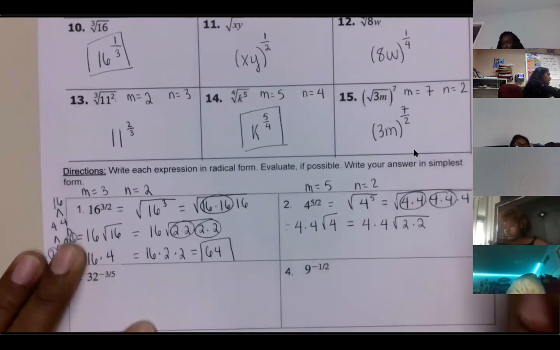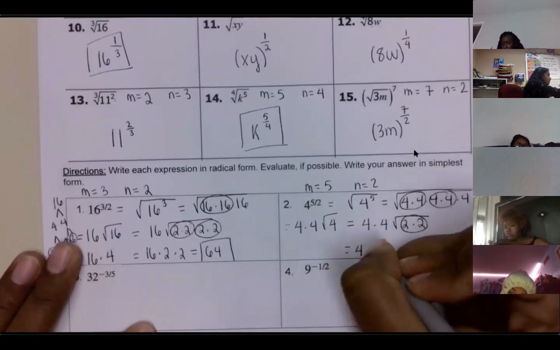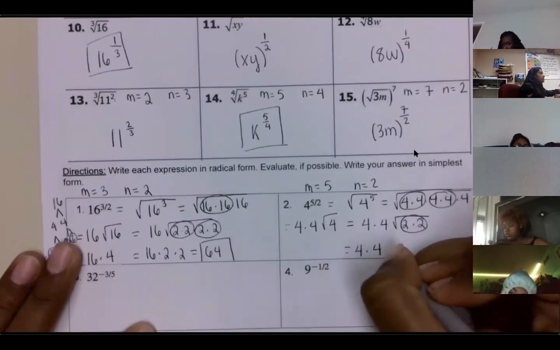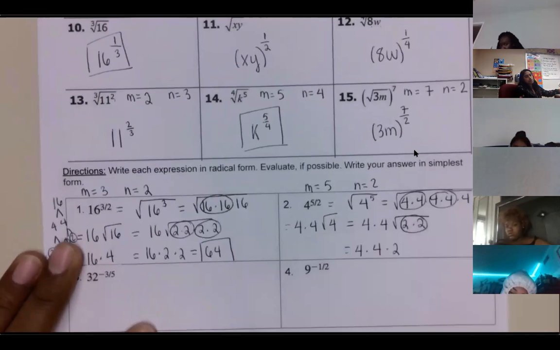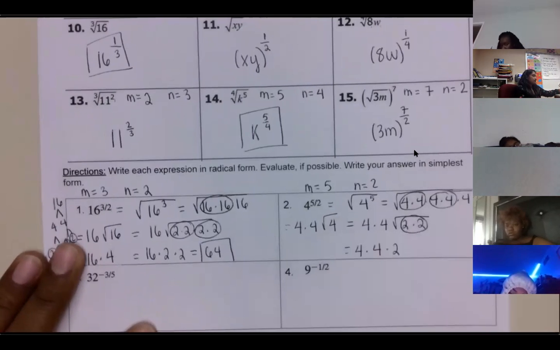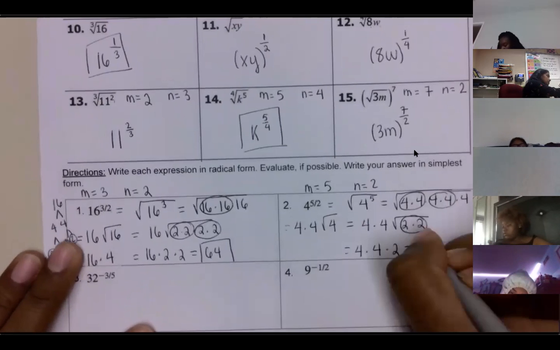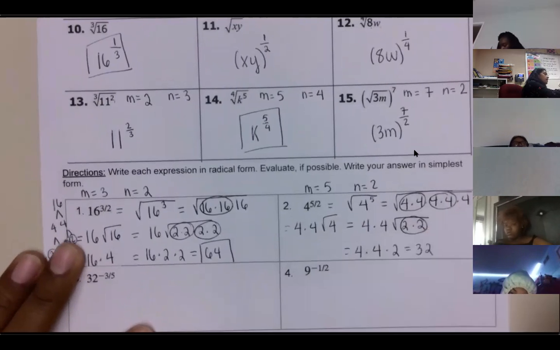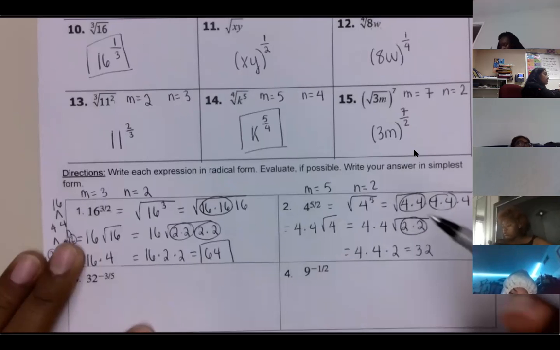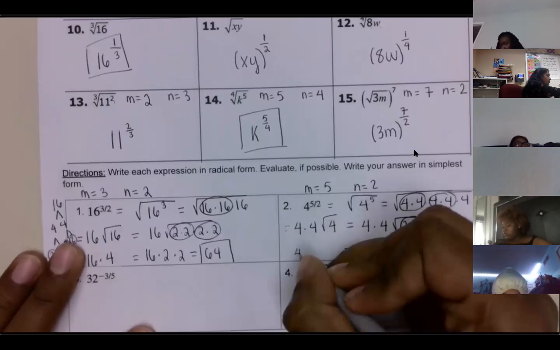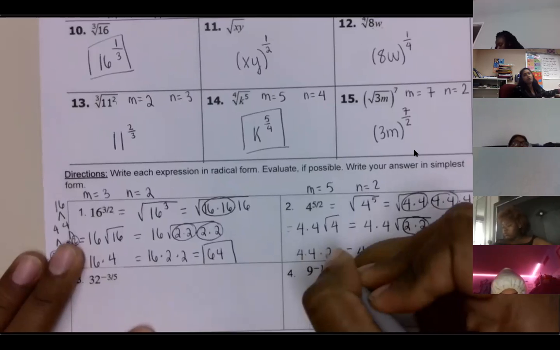And we're going to circle pairs. So we have a pair of 2s. That's 2 times 2. Take out a 2. There's nothing left uncircled, so the radical disappears. So it's 4 times 4, which is 16. 16 times 2 is 32. And you could have taken the shortcut over here. 4 times 4, the square root of 4 is 2.